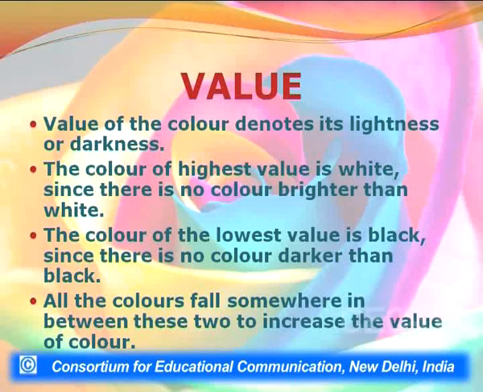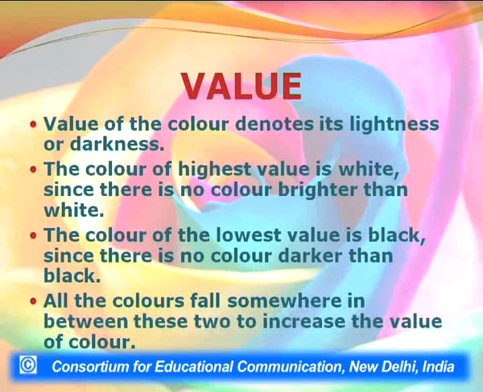The color of highest value is white, since there is no color brighter than white, and the color of lowest value is black, since there is no color darker than black. So between black and white, we try to explain the quality of color, and that is value.